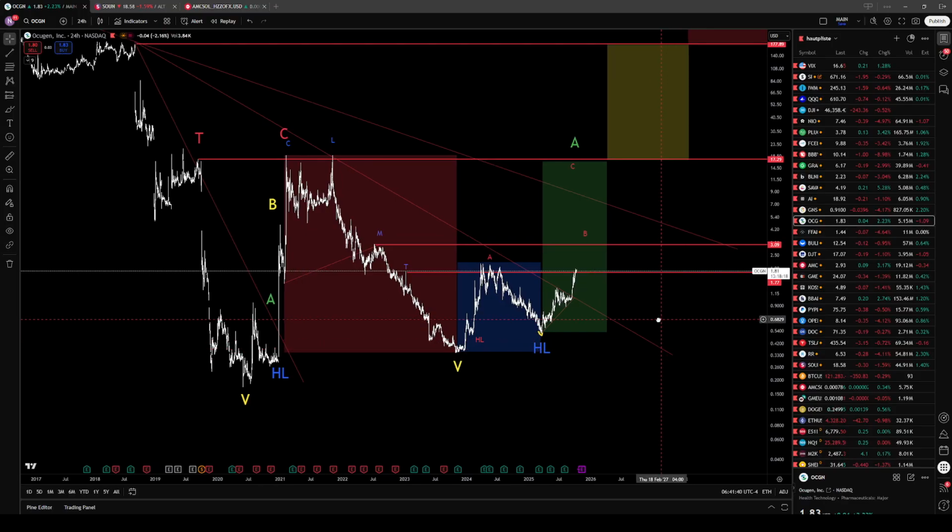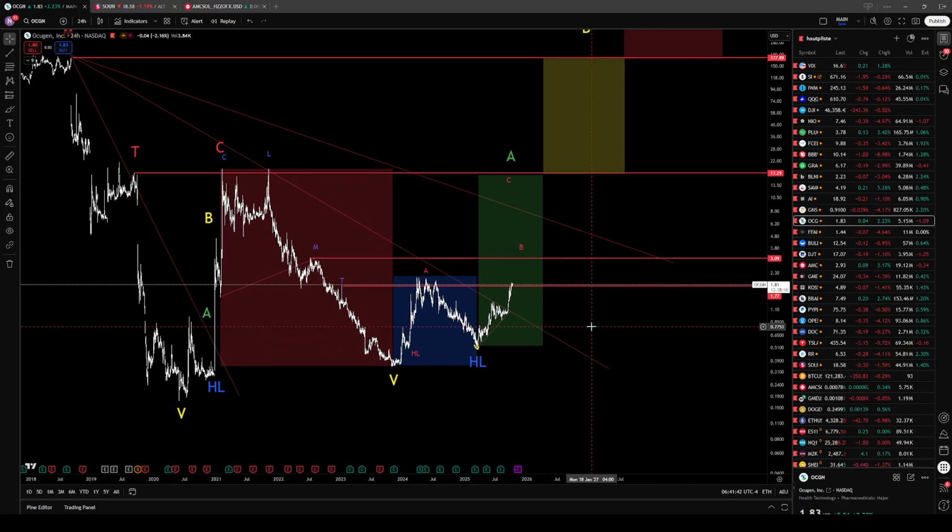For the smaller tracking, you're coming from your B, your high low. This whole thing would be a small A. We would be right now on the way to our small B, which is at $3, and your C is at big A. The thing is, I said it in the last videos already, I will take profit here.